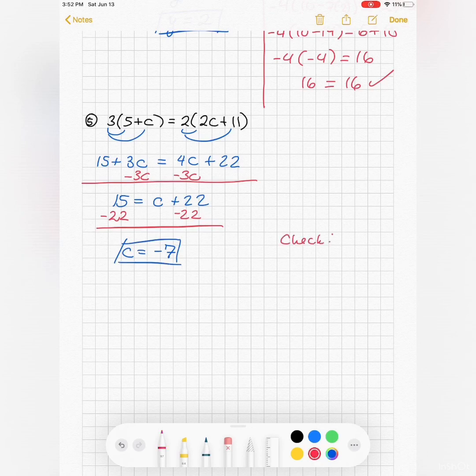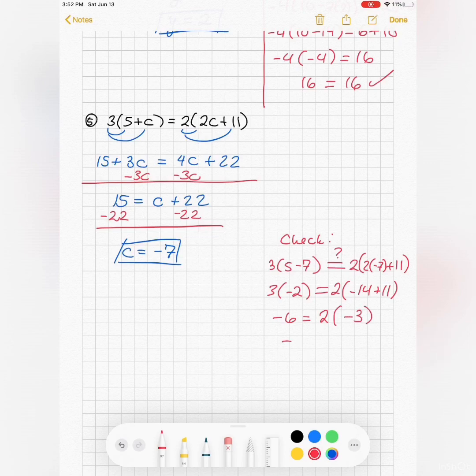Shall we check it? And I get a true statement.